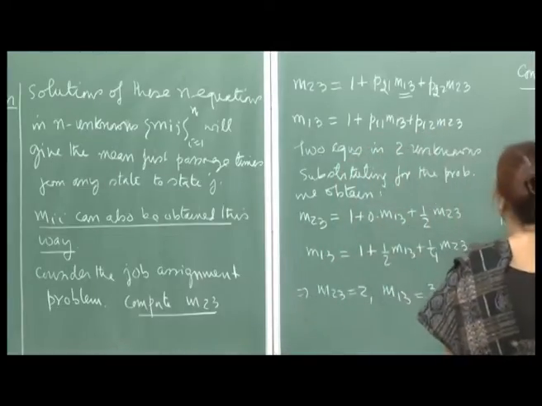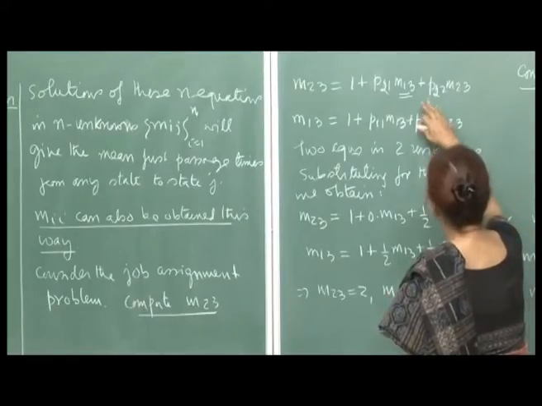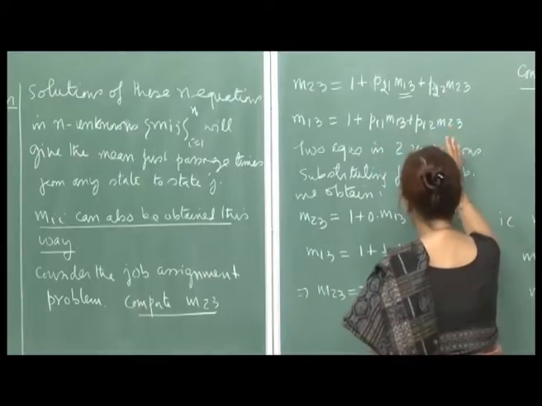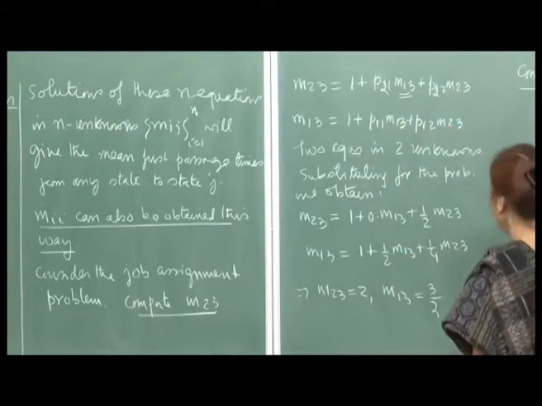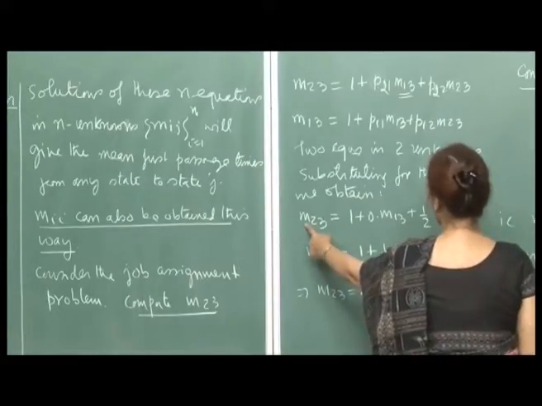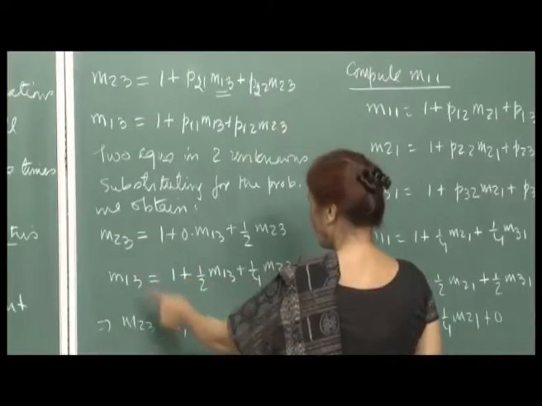So, then we have two equations in two unknowns, and substituting the probabilities P21, P22, P11 and P12, I get these equations. It is not difficult, because from here you immediately get half M23 is 1. So, M23 is 2.